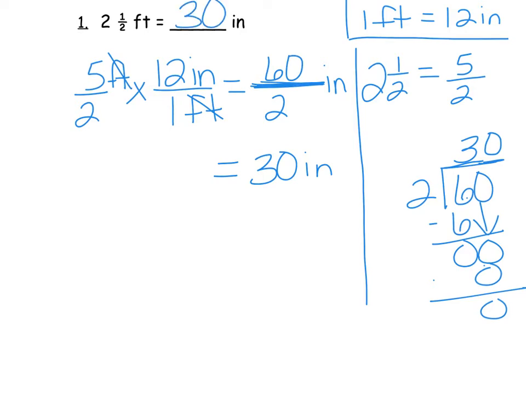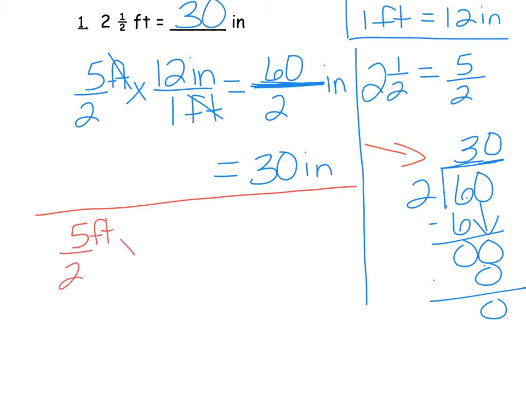Now we can actually solve that same problem another way, without having to do the division to simplify or to convert to a mixed number or a whole number. So we still have the 5/2 of a foot times 12 inches over 1 foot. I cancel out because I have foot in the numerator and foot in the denominator. But just like we did before, I'm going to simplify before I do my multiplication.